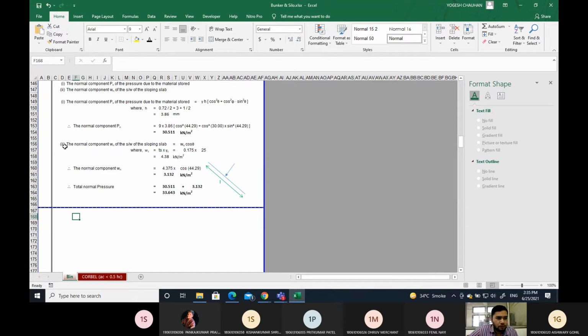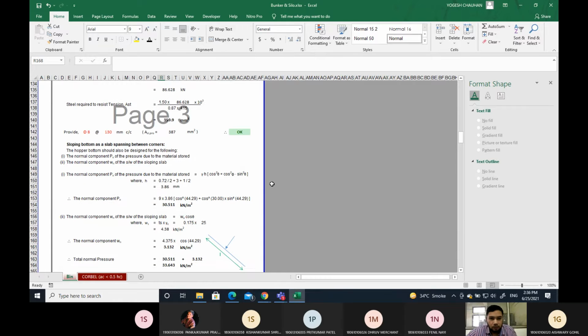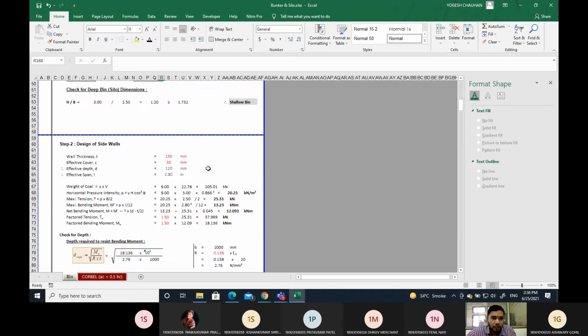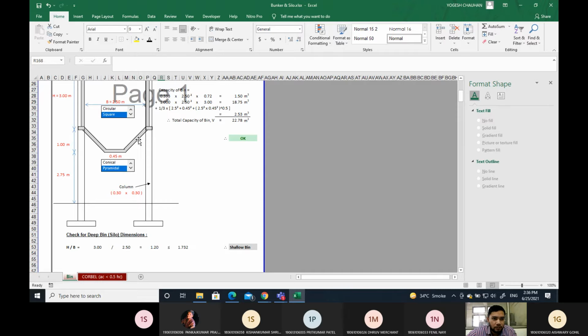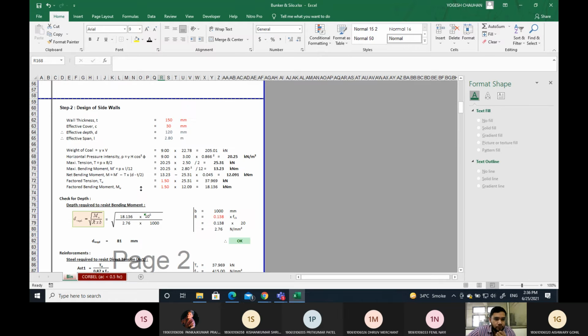So let us find the effective span. Effective span L is equal to, this will be the average width at the mid height of the bottom upper at this location, so that will be 2.5 plus 0.45 by 2.